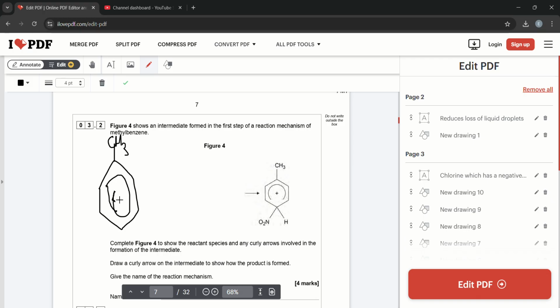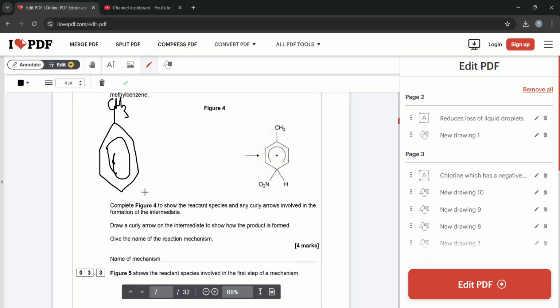Now we know the NO2, the nitrogen must be positive, which clearly show that the nitrogen is positive, and it's going to go from the ring to nitrogen, and then you are going to form this.